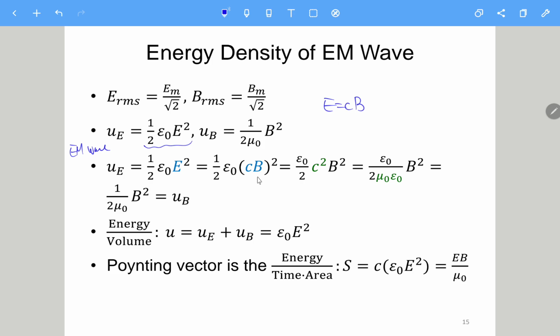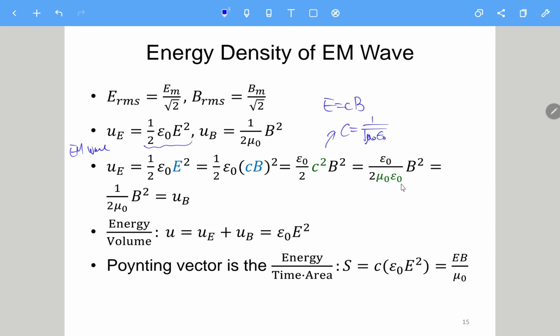As it is squared, we have C squared B squared. And for the EM wave, we know C equals 1 over square root of mu naught epsilon naught, so C squared is 1 over mu naught epsilon naught.